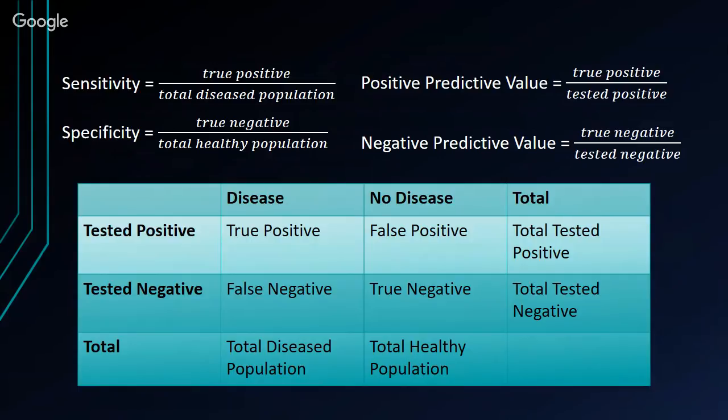Of all the healthy individuals, how many tested negative? The positive predictive value is, of the people who tested positive, how many actually have the disease? And the negative is the opposite, so of the people who tested negative, how many are healthy? And a note there is specificity and sensitivity don't change based on prevalence, but PPV and NPV do.